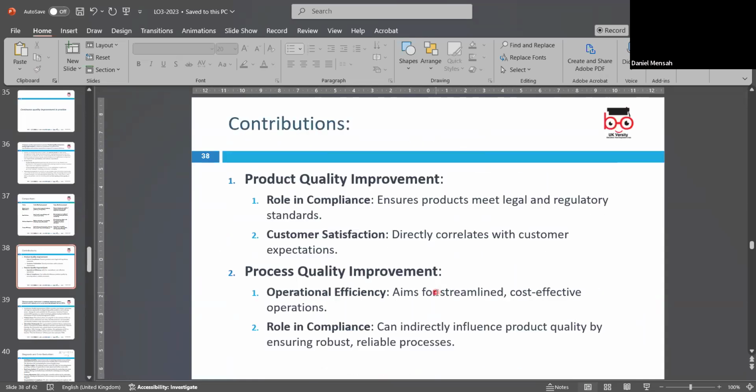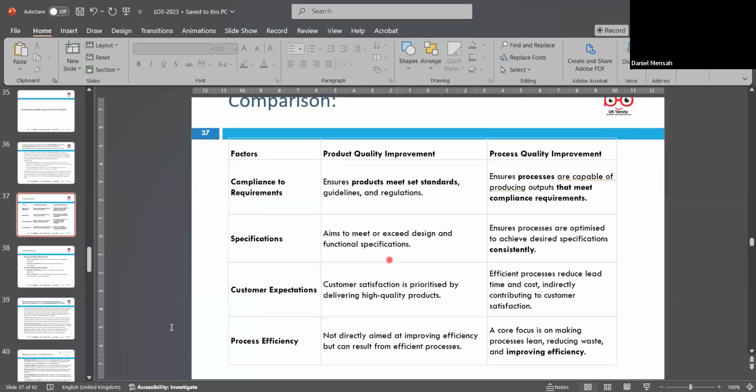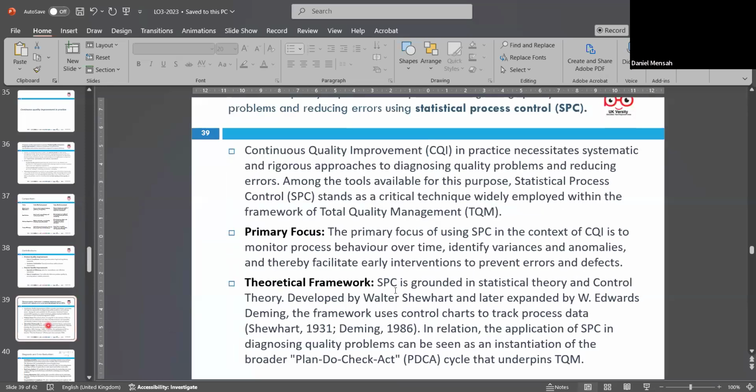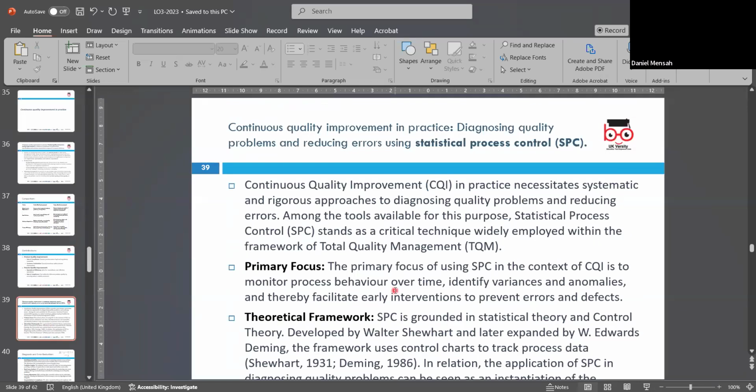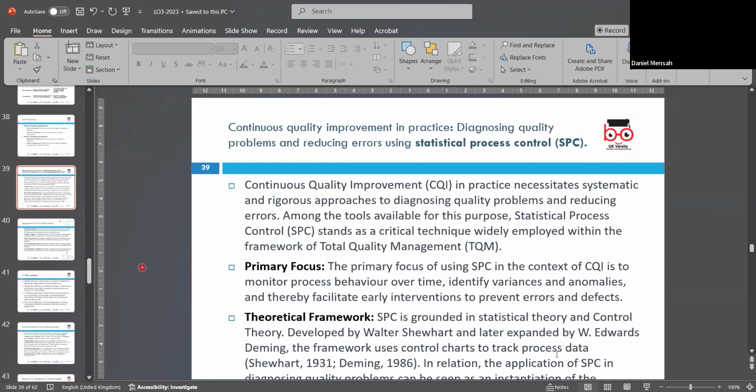These contributions we have already explained in this table. Again, this part we have already discussed: statistical process control. We are going to speed through how it contributes to quality.